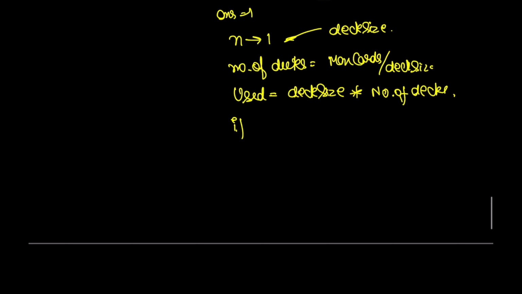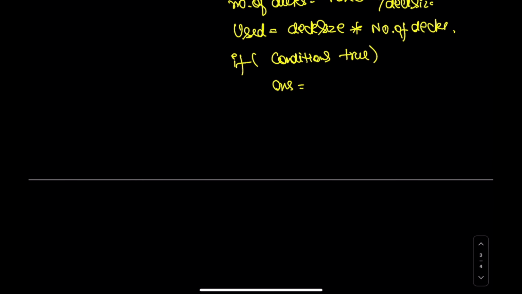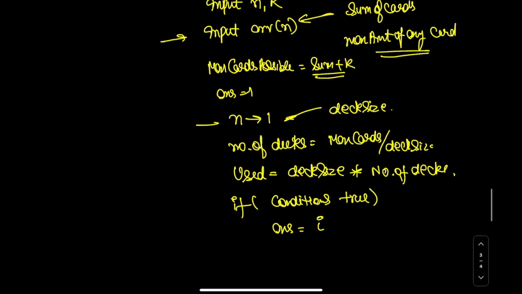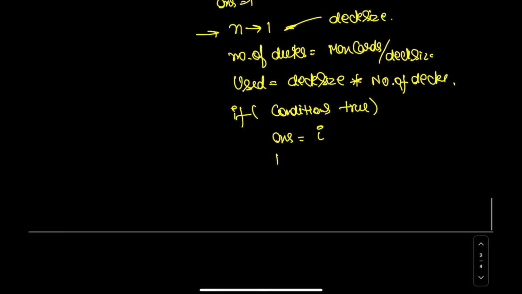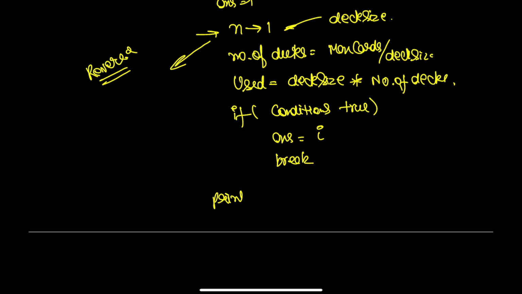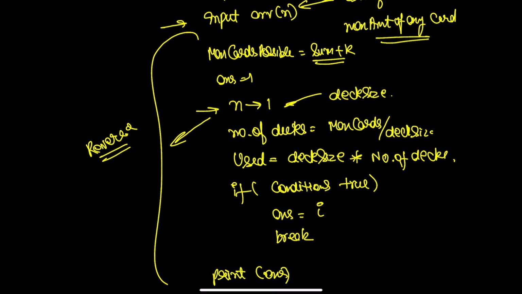Now if both conditions are true, then we would have our answer as the i, whatever this number is, and we can break. Since we are iterating in reverse order, we can simply break, and in the end we will just print our answer. So this is the code.